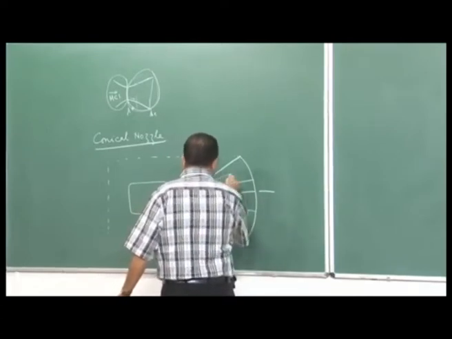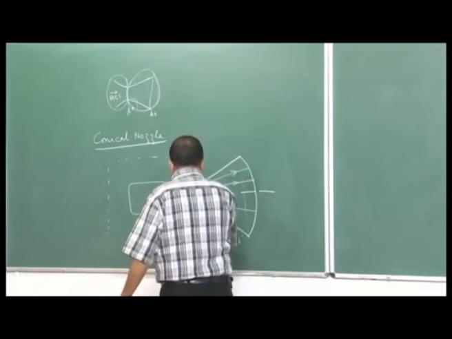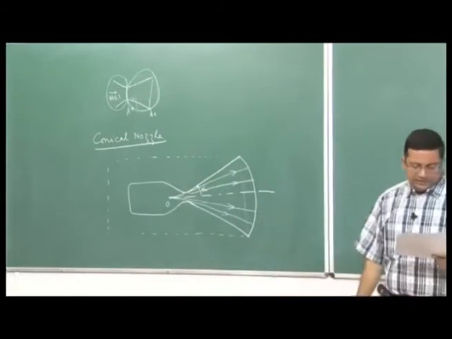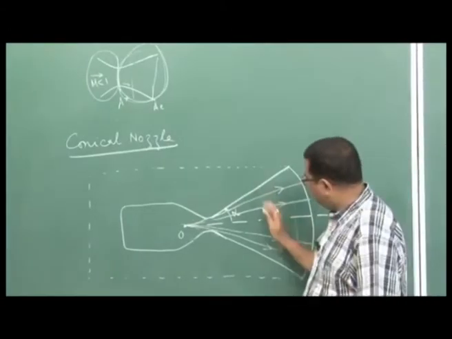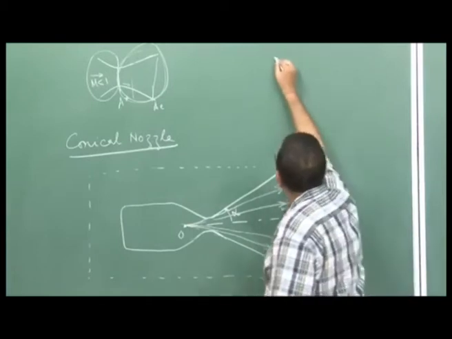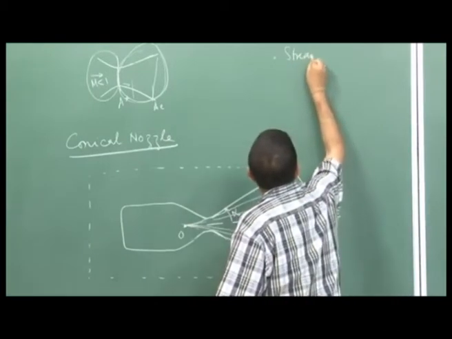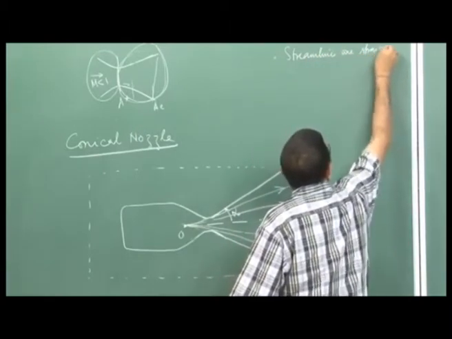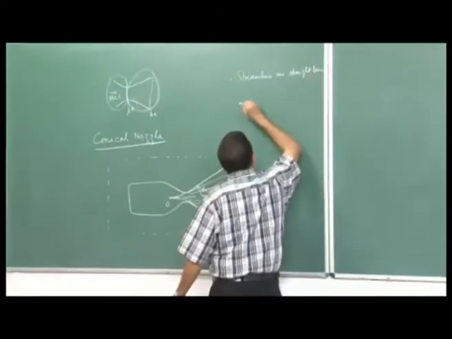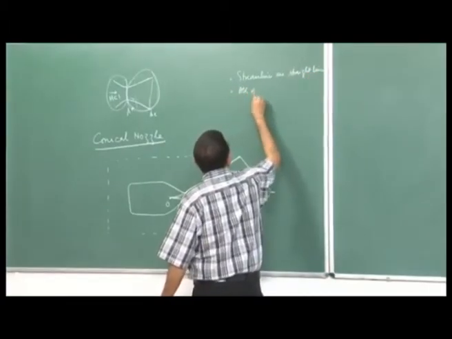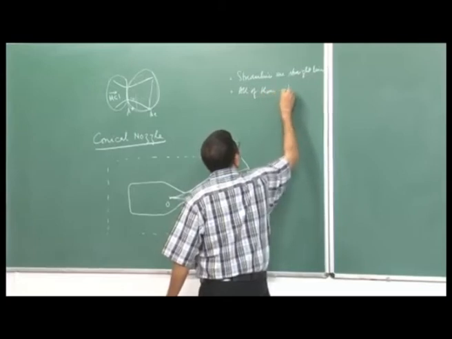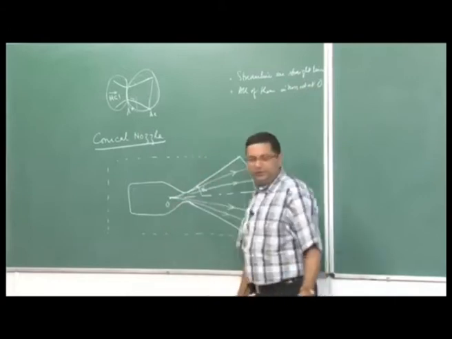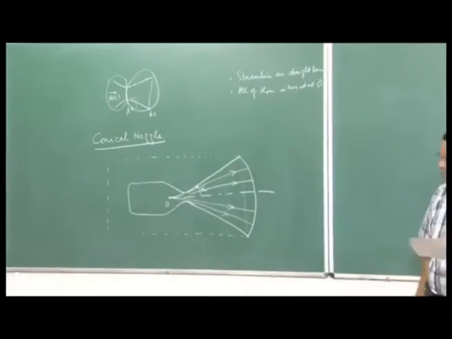So, there are multiple streamlines all emitting from this point O. Here all our flow streamlines are straight lines, and all of them intersect at the point O, which is the origin here.